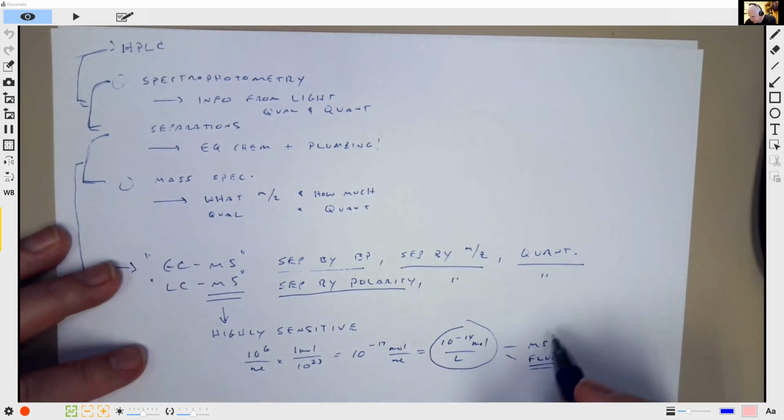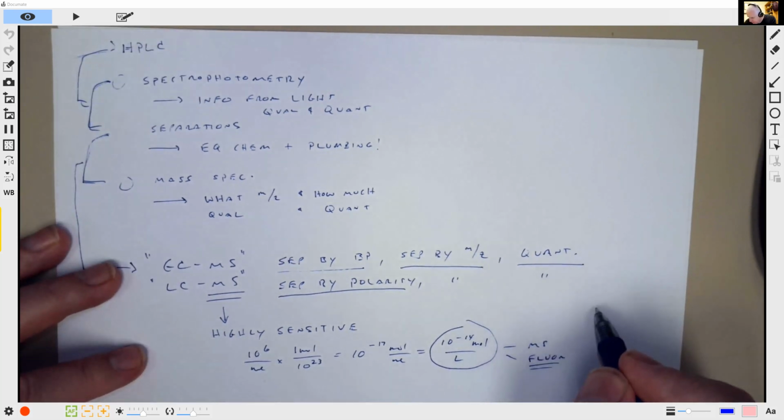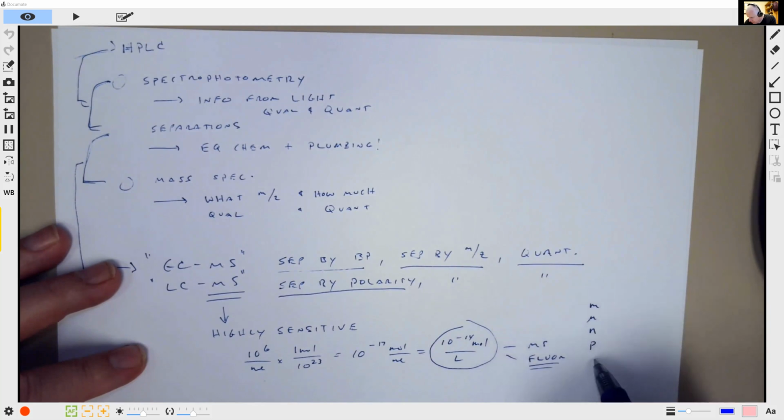So this is, let's see here, milli, micro, nano, pico, femto. So this is 10 to the minus 15, right?